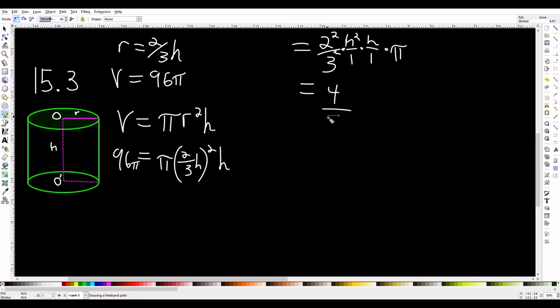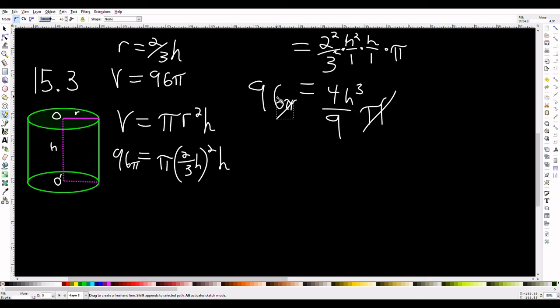4 over 9, 4h cubed over 9 times pi equals 96 pi. Now we can move our pi to the other side by dividing both sides by pi. Oh, that cancels the pi's out.